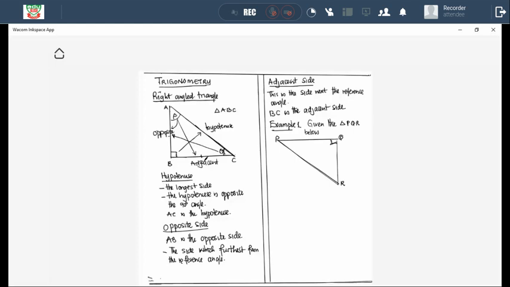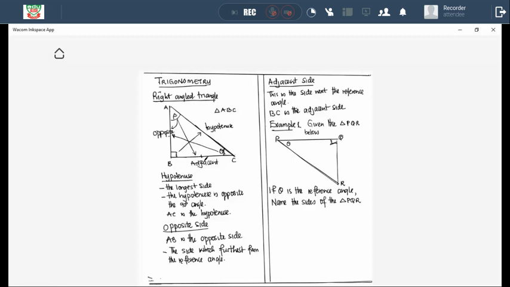Now, if theta is the reference angle, name the sides of the triangle PQR.